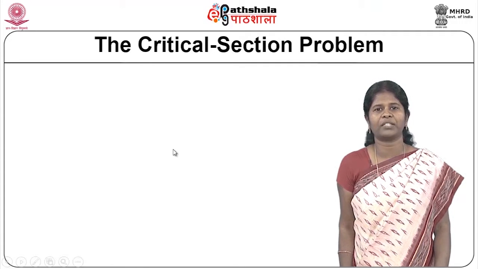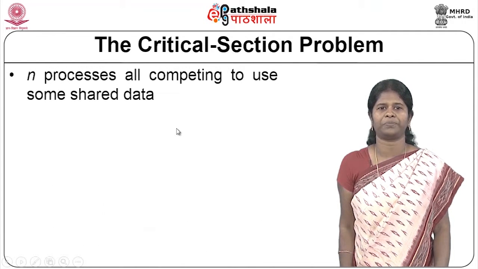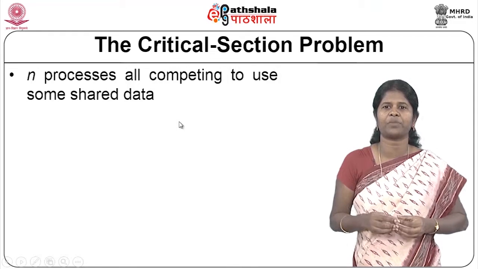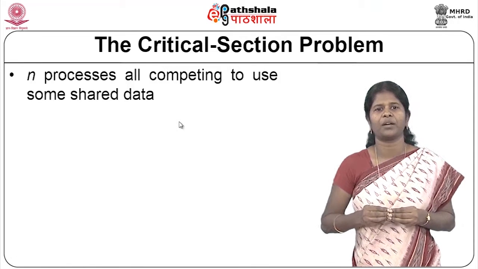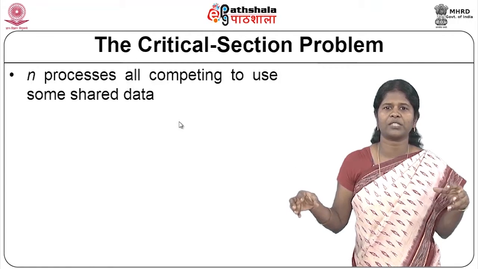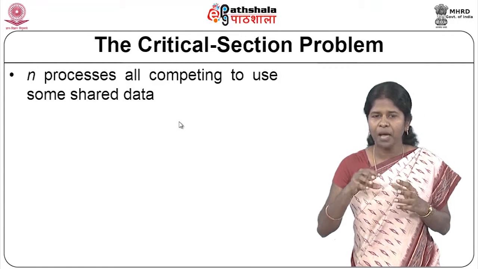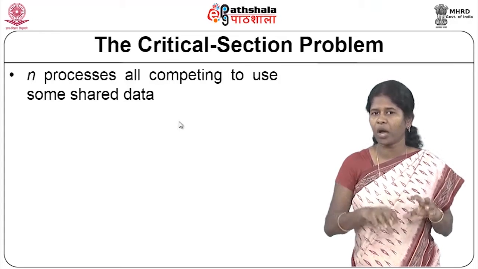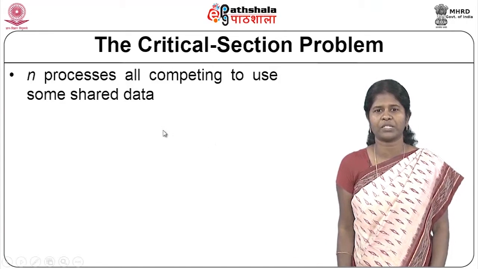And now we define the critical section problem. This critical section problem comes into picture when there are n processes and all the processes are competing to use some shared data which is common to all the n processes.